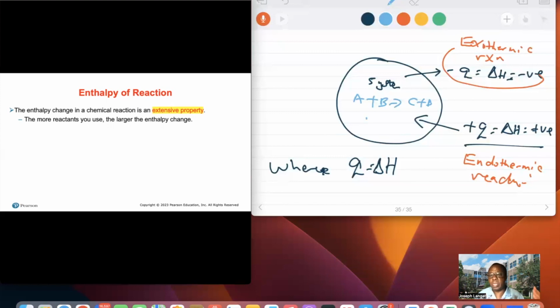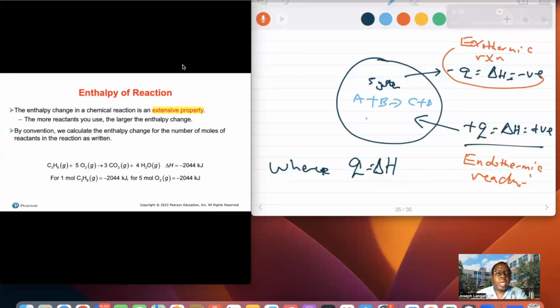So volume is extensive. Area is extensive. Now coming back to enthalpy of reaction, which is delta H, it is an extensive property as well. The more you have, the larger the value for enthalpy of reaction.